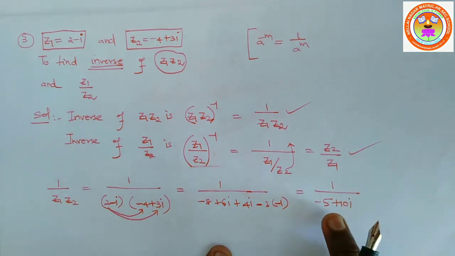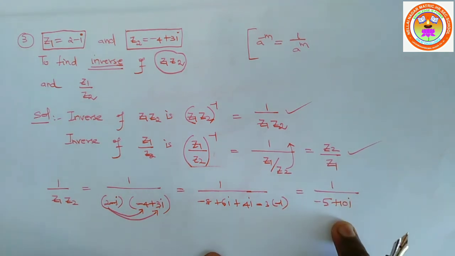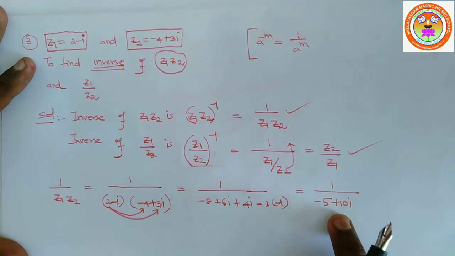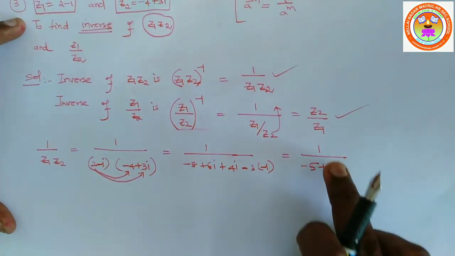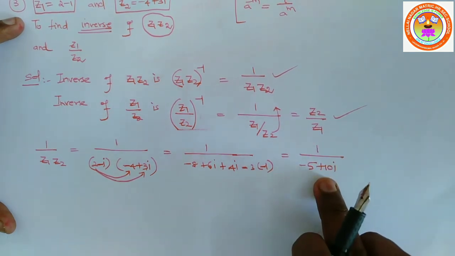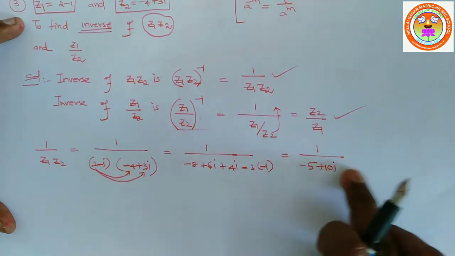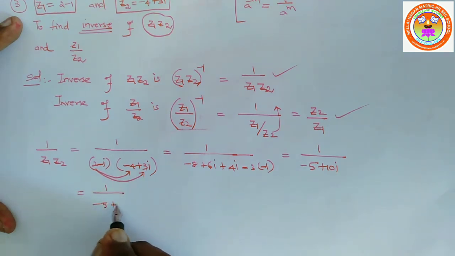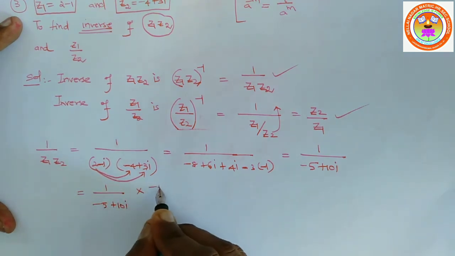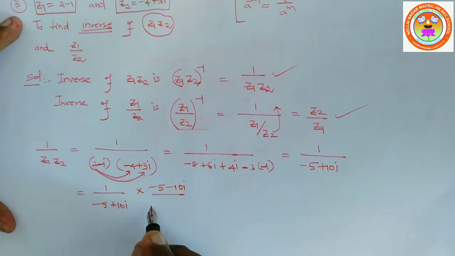If I want, I can take a common factor here, but the problem is once again I need to take the conjugate here. Why? Because this is a complex number in the denominator, not in proper rectangular form. So I take the conjugate: 1 divided by minus 5 plus 10i, multiplied by minus 5 minus 10i divided by minus 5 minus 10i.